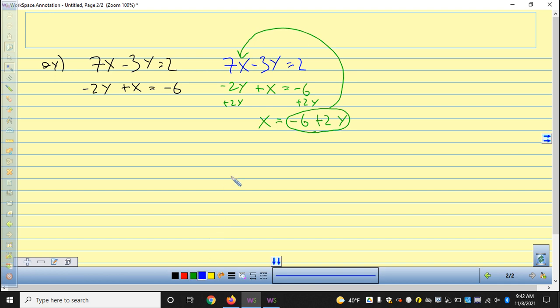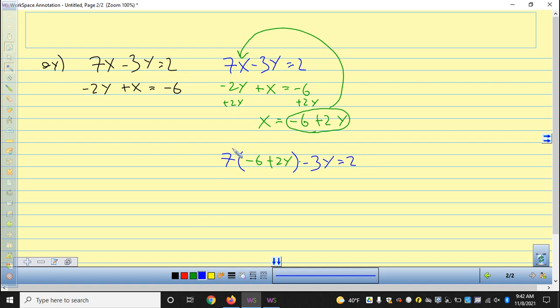So my blue equation then is 7 times, in parentheses, negative 6 plus 2y. I'm multiplying that whole thing, minus 3y equals 2. So I took this whole thing and plugged it in for x.